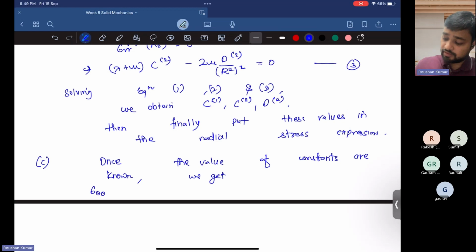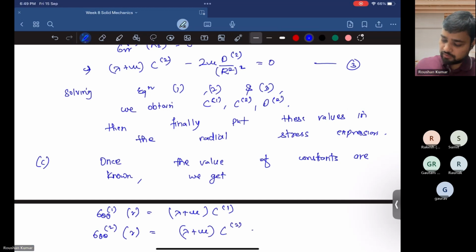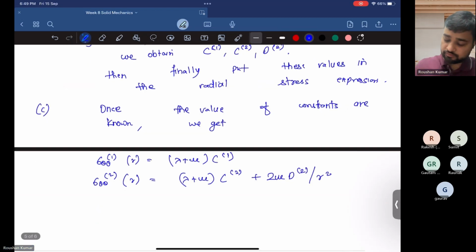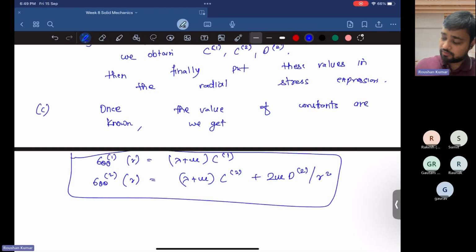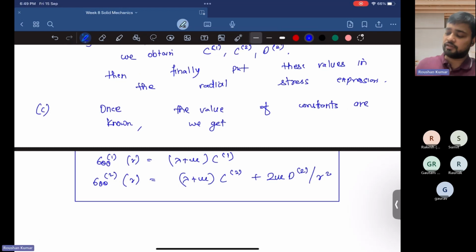Circumferential stress, that is sigma theta theta at 1, equals lambda plus mu times C1, and sigma theta theta at 2 equals lambda plus mu times C2 plus 2 mu D2 upon R square. So this is the expression for sigma theta theta for the two cases, the solid disc and the hollow disc.